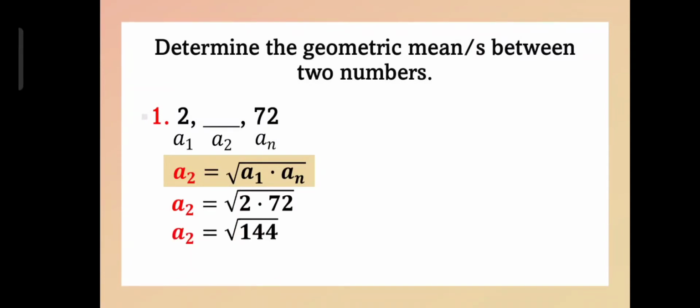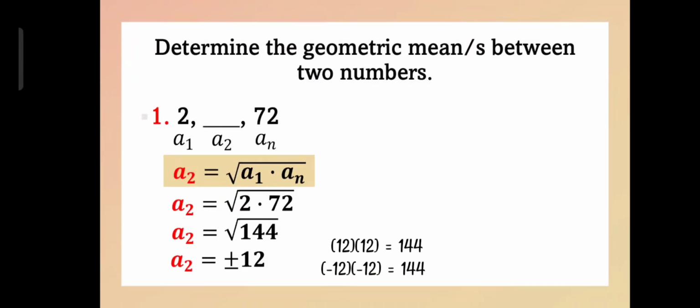Next, multiply 2 and 72: a sub 2 is equal to square root of 144. Then last, take the square root of 144. That is positive or negative 12. There are two possible values of a sub 2 since positive 12 times positive 12 is equal to 144.